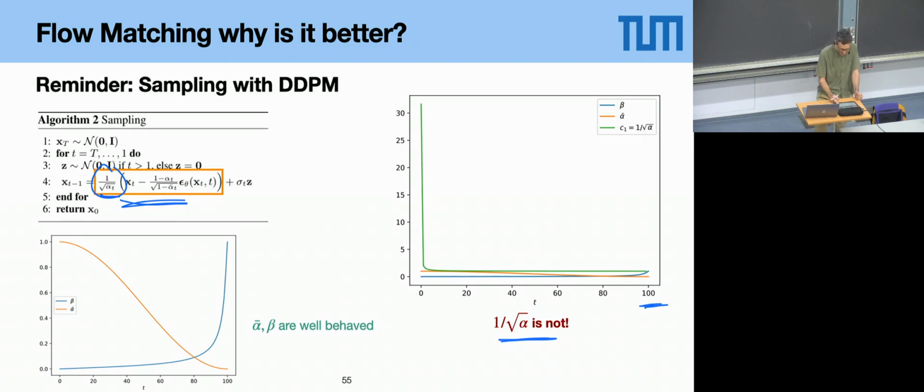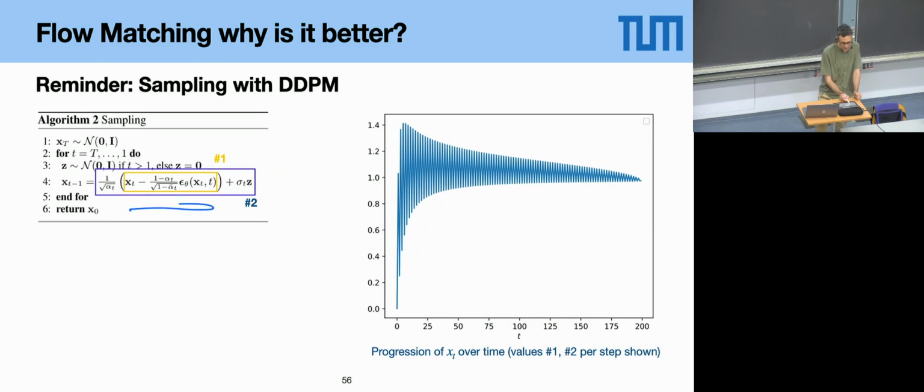And if you now look at what these terms do here, they actually make these x values zigzag a lot. I hinted at this before. So first we actually subtract the noise quite a bit to recover the signal, but then according to this noising process, we need to scale it up.